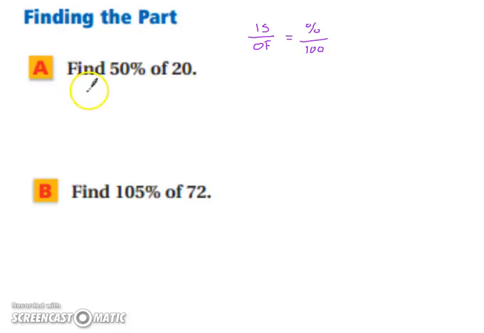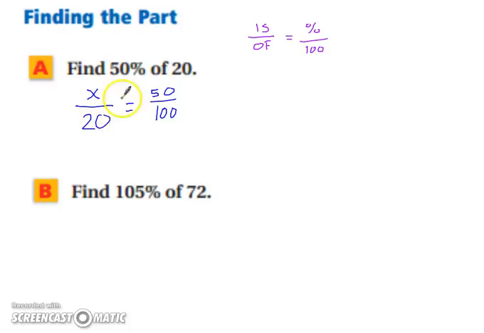So we have your part, which is your unknown, your is, and your total, or your whole, is the of. So what is 50% of 20? And we have 50 over 100. Well, you have a proportion, so you can cross multiply. Remember, your proportion has to have an equal sign in there.